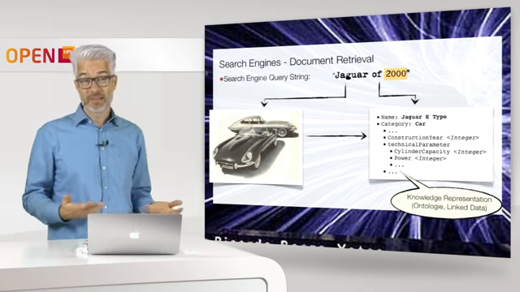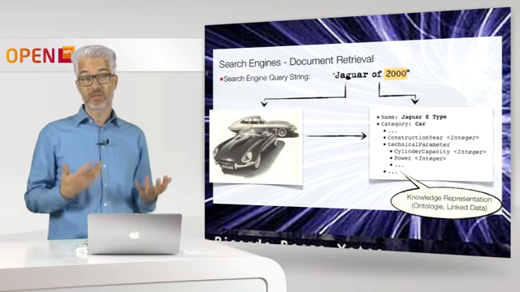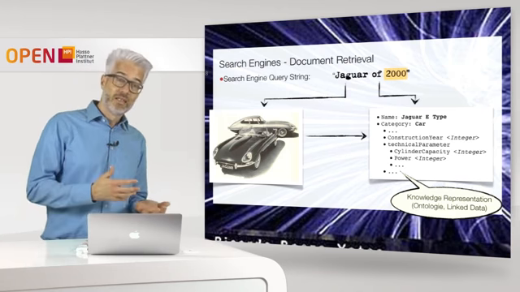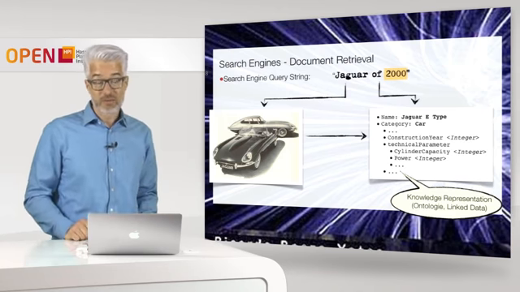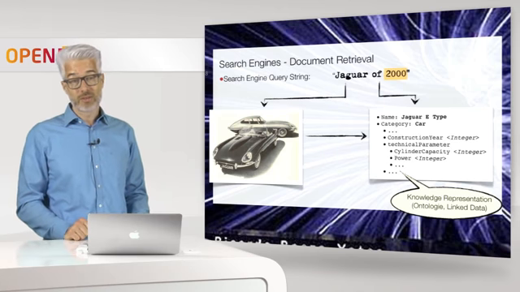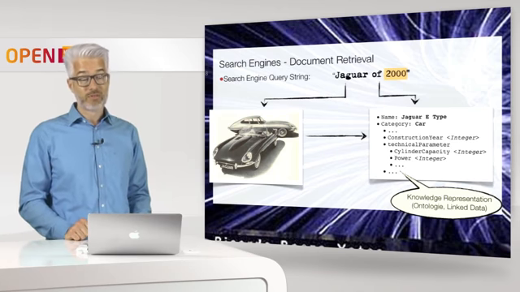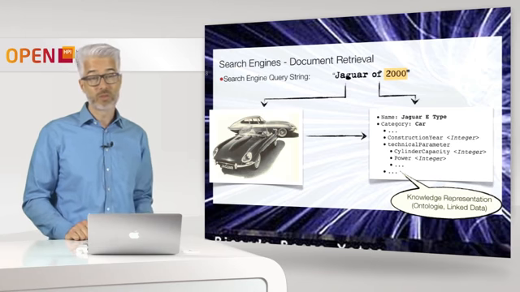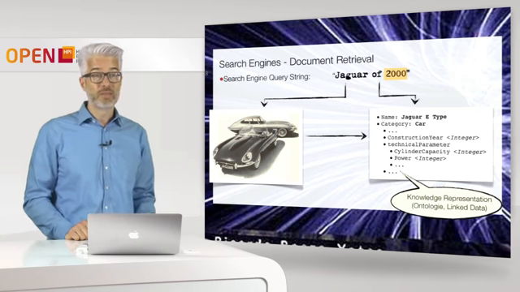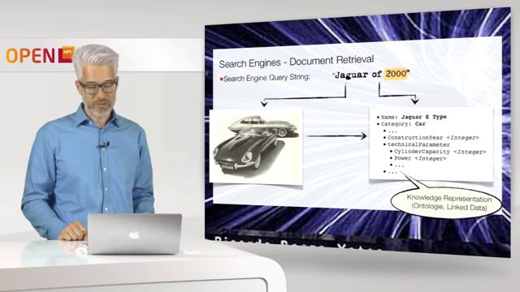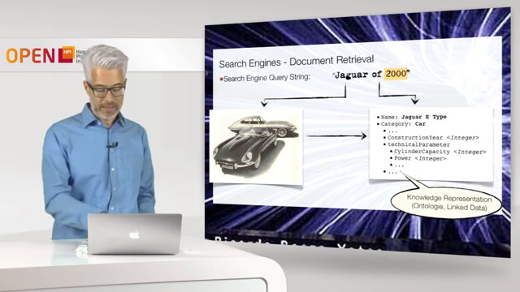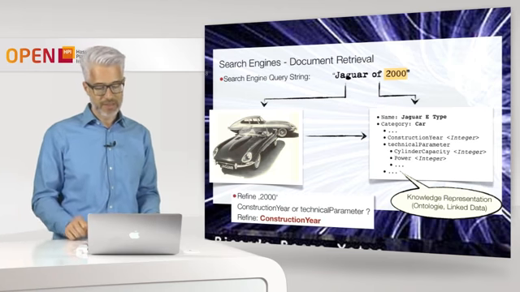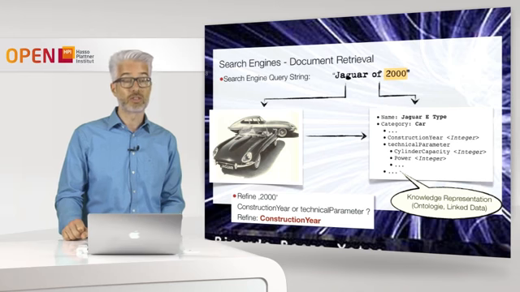But it can also be some parameter like the construction year. So to get hold of that, you can use statistics, and of course you need the knowledge representation for the cars that you are looking for with the name Jaguar, for example, and to make some consideration what belongs together to generate in the end the answer. So for example, you might think of a construction year.